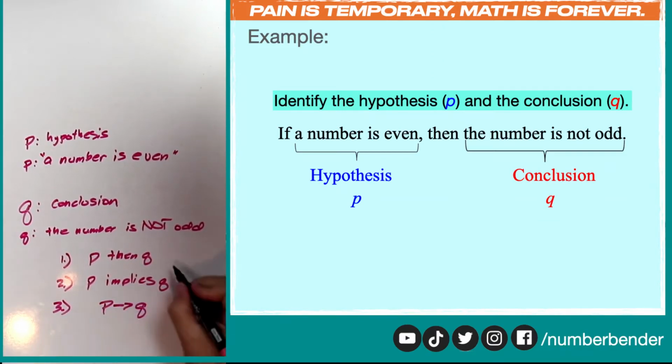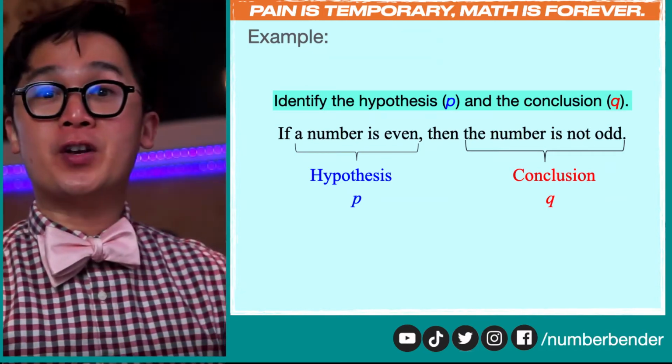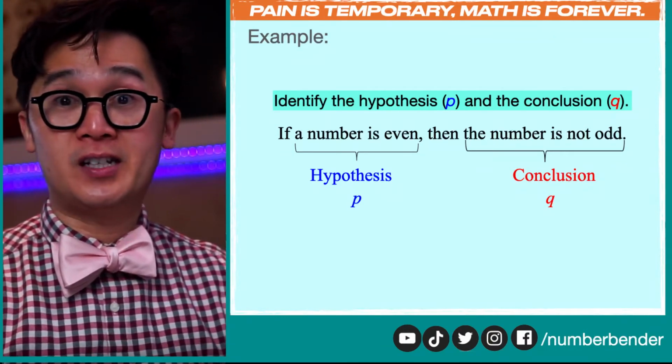All three of them are considered conditional statements that read: if a number is even, then the number is not odd.